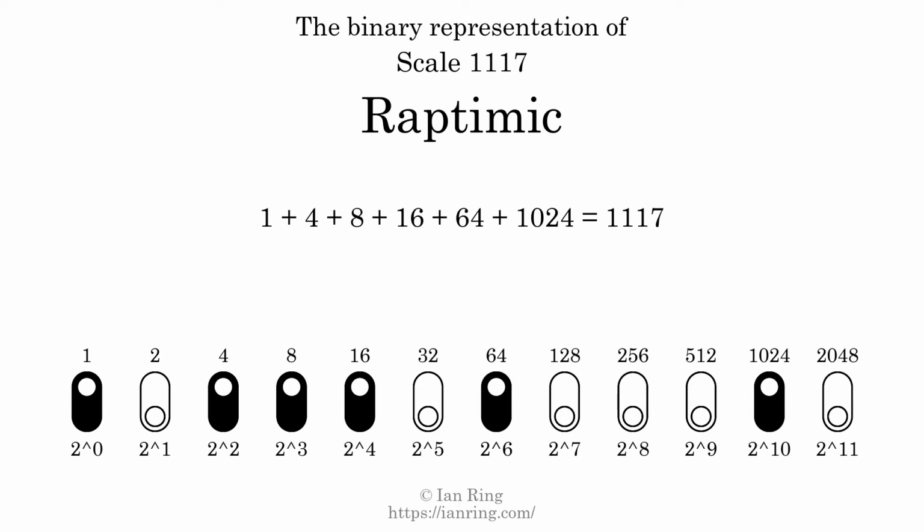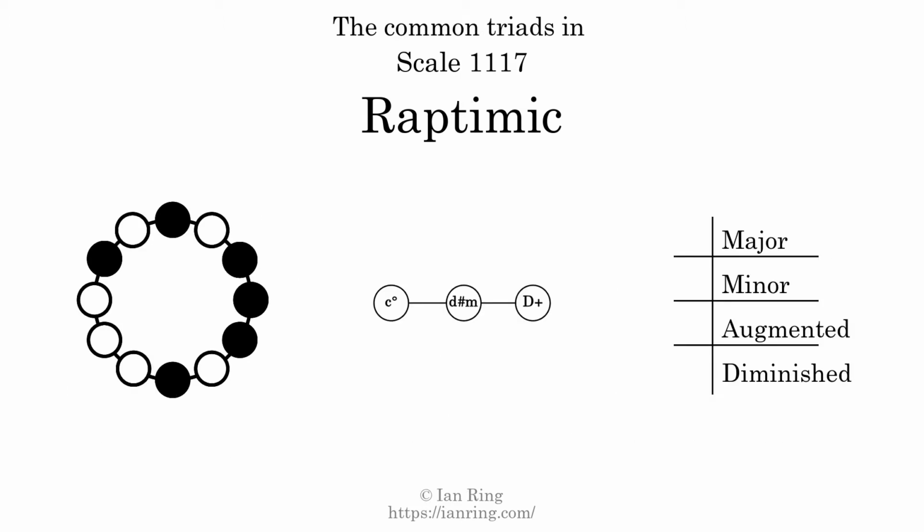That is why the scale number, in decimal, is 1117. The scale number not only enumerates the scale with a unique index, but it also literally describes the tonal content of the scale. Represented as a binary number in base 2, the scale number is 010001011101.